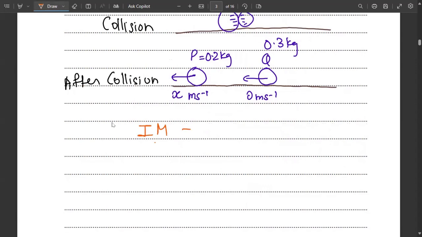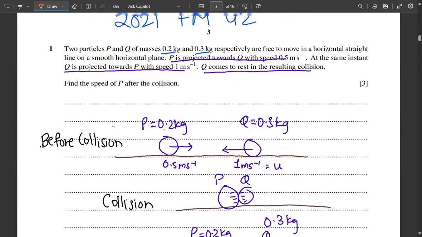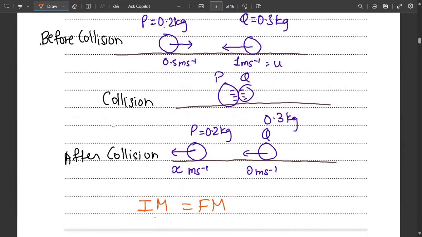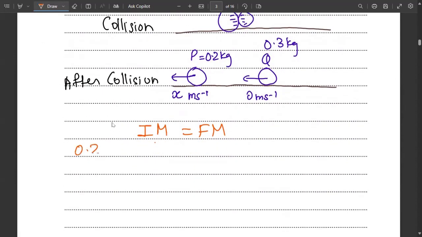I'll just write Im equals Fm, but in your exam paper, you'll have to write the entire thing. So initial momentum will be 0.2 into 0.5. I hope you know the formula for momentum is mass into velocity.